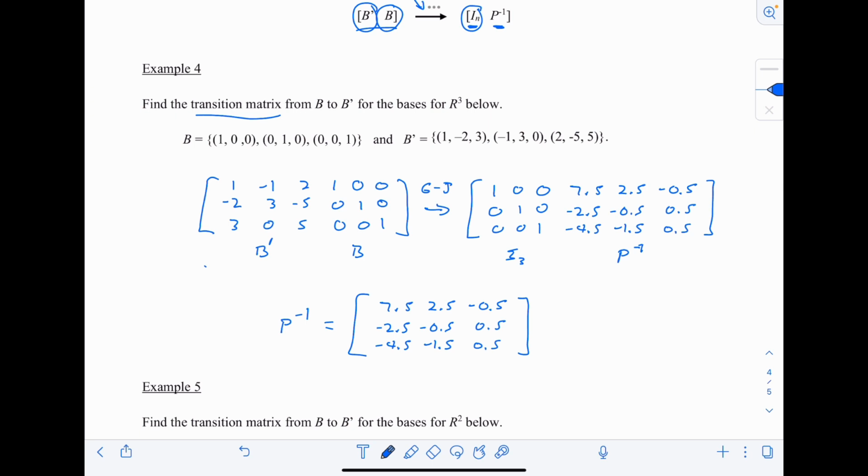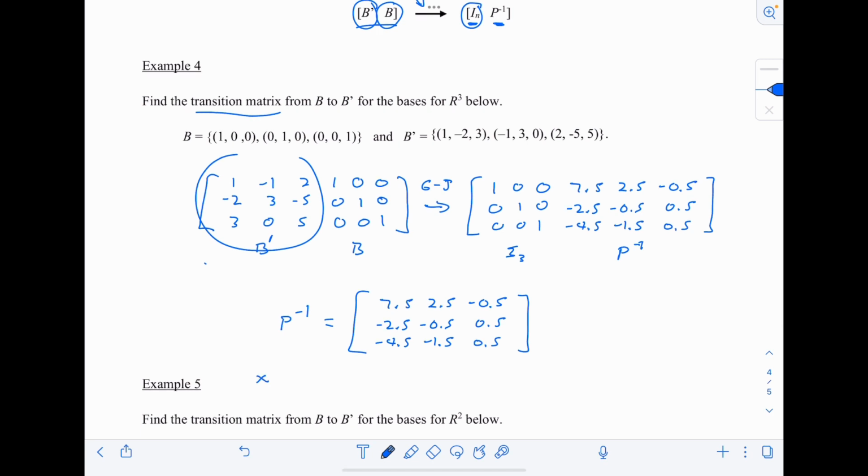So let me make a stronger connection back to example 3. I mentioned that we write B prime. When we wrote this matrix, it's basically the coefficient matrix for the system of equations. But also, remember from example 3, we said that x was 9, -4, 17, okay?